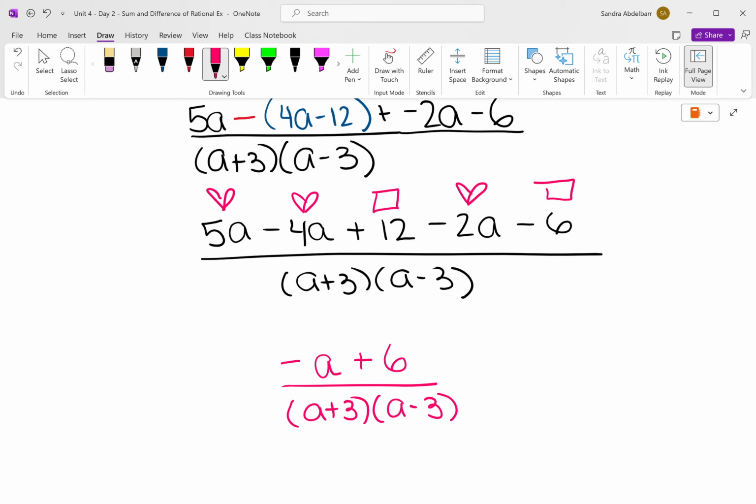There is nothing else to do. If you want to pull out a negative on the top to make it a minus 6, like negative times the quantity of a minus 6, you can, but it really doesn't matter. You can leave it just like this. All right.